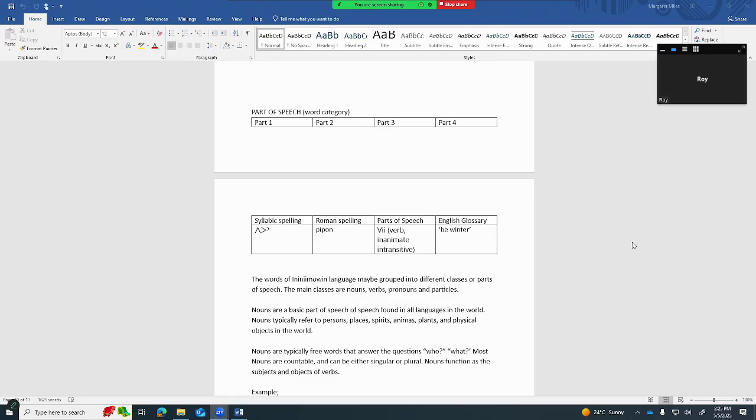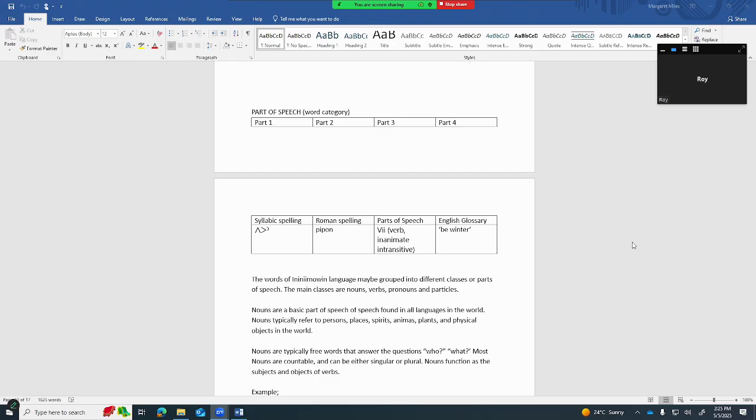The words of the language may be grouped into different classes or parts of speech. The main classes are nouns, verbs, pronouns, and particles. Nouns are a basic part of speech, which is found in all languages.